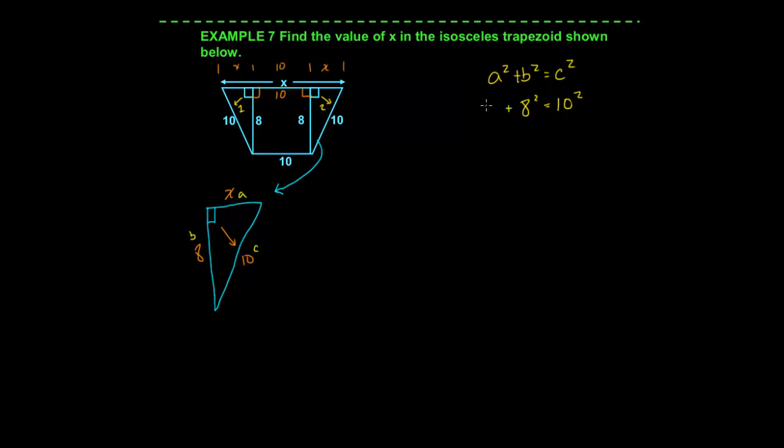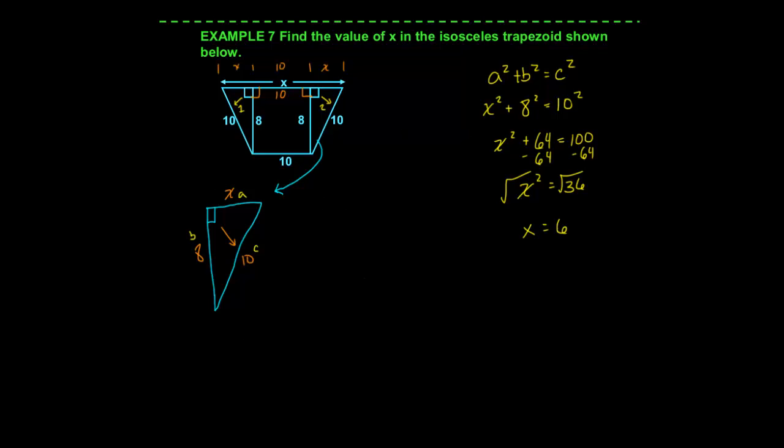And A is our X. So X squared plus 8 squared, which is 64, equals, here is my 100. Subtract 64, X squared equals 36. Take the square root of both sides, X equals 6.